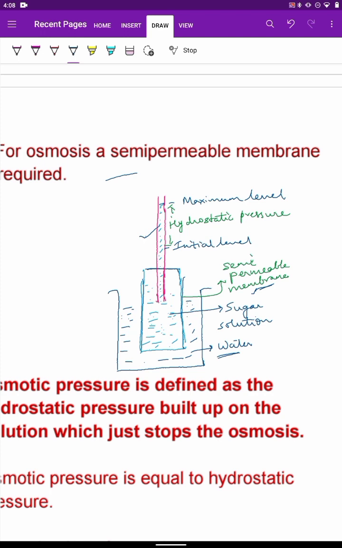The water molecules are no longer entering inside it. So the level which I have marked here, the maximum level, becomes stationary.